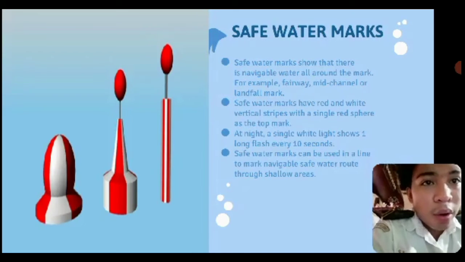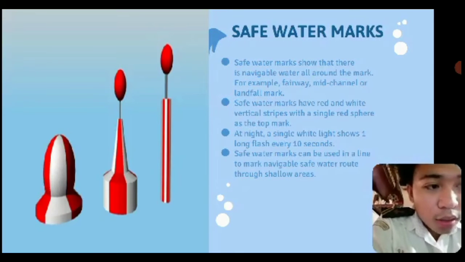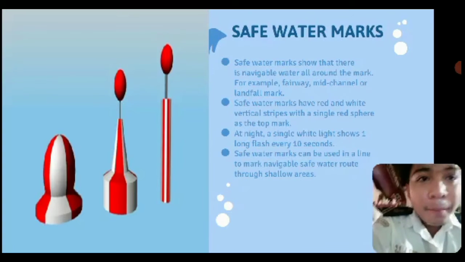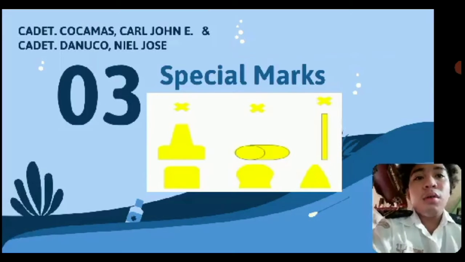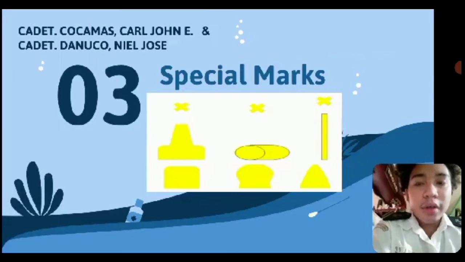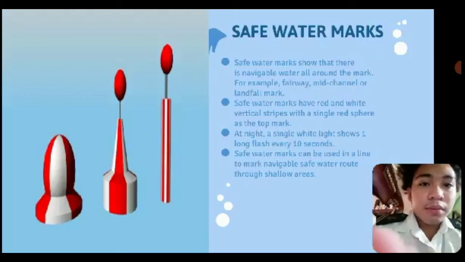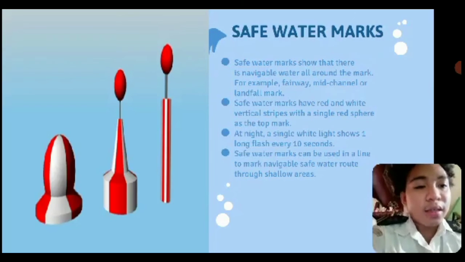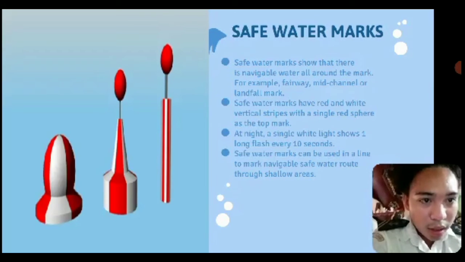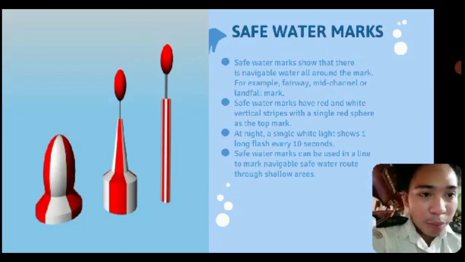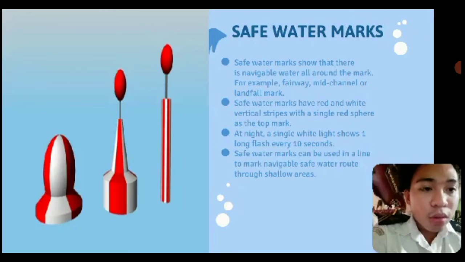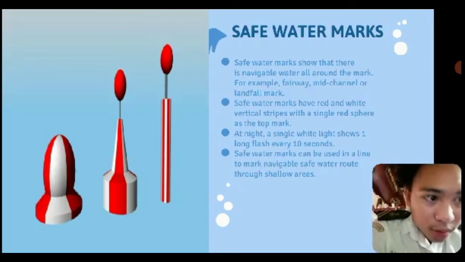A lighted buoy shows either a Morse code flash, just like Alpha, or one long flash, occulting with more light than dark, or isophase, equal light and dark every 10 seconds. Safe water marks can be used in a line to mark a navigable safe water route through shallow areas.